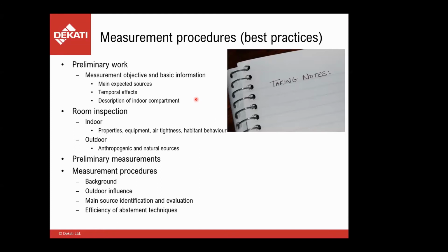For the outdoor, there should be an attempt to look at what are the anthropogenic and the natural sources of PM, to understand what sort of concentrations we expect for the outdoor surrounding PM.